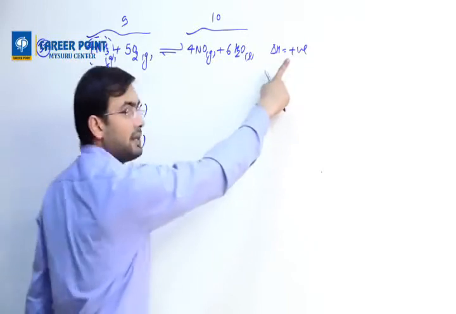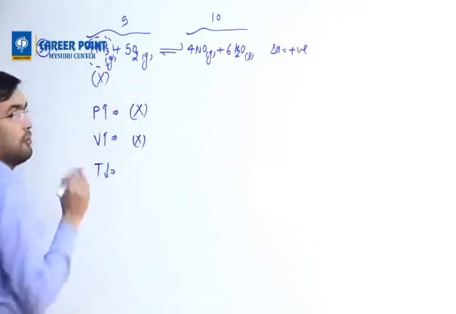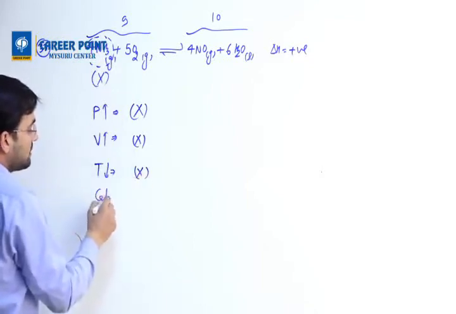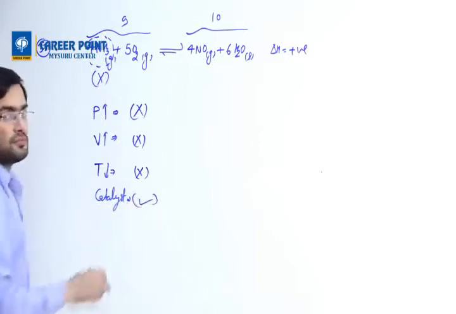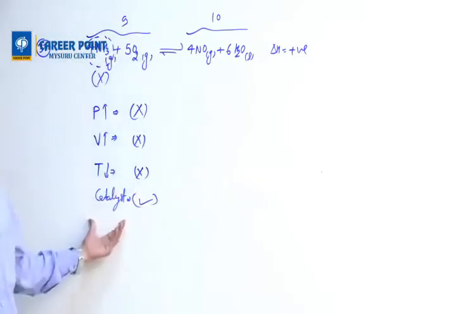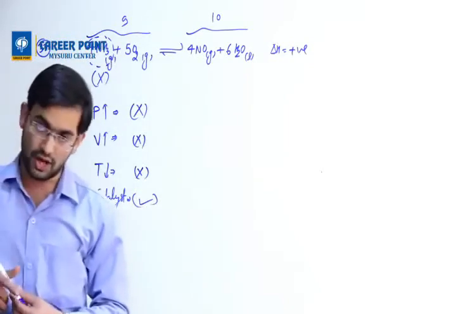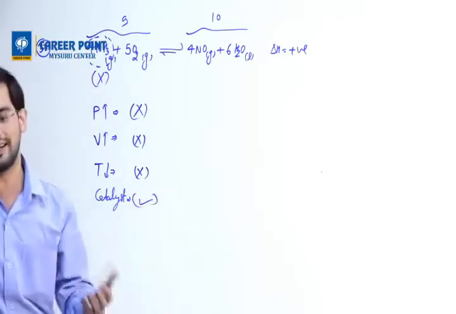It's an endothermic reaction, so if you decrease the temperature, the reaction will go backward and more ammonia will be formed. That is also not correct. The last option is catalyst. The catalyst is the correct option because it will not change the composition. It will only change the time required to achieve that particular equilibrium state. So the catalyst is the correct answer.